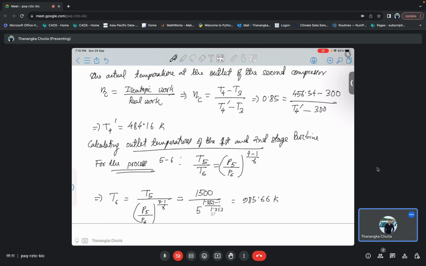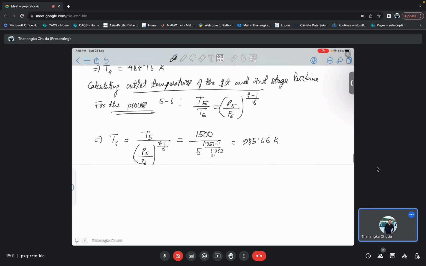Now the actual temperature, because this is not an isentropic process, so isentropic efficiency is given to you.